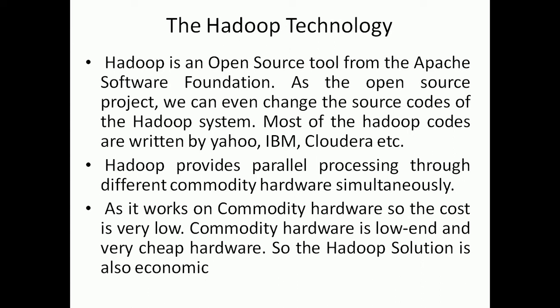Commodity hardware is low end and very cheap hardware. So the Hadoop solution is also economic. The number of nodes or desktop computers are very cheap, so it is more economic compared to purchasing high-end computers.